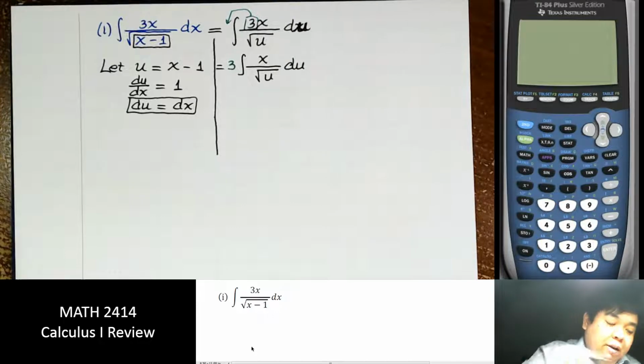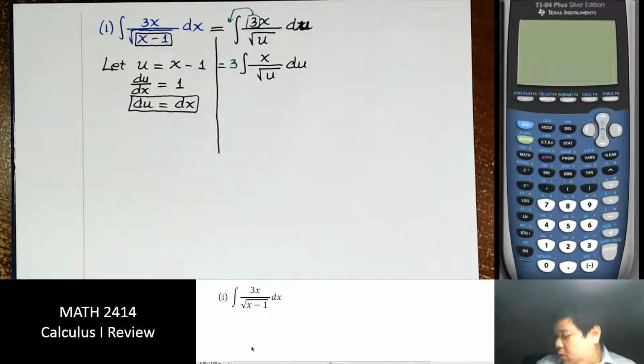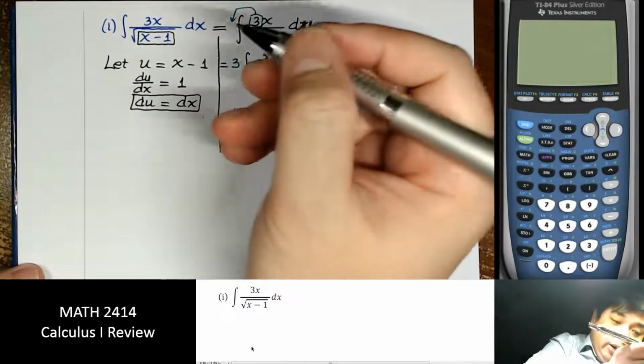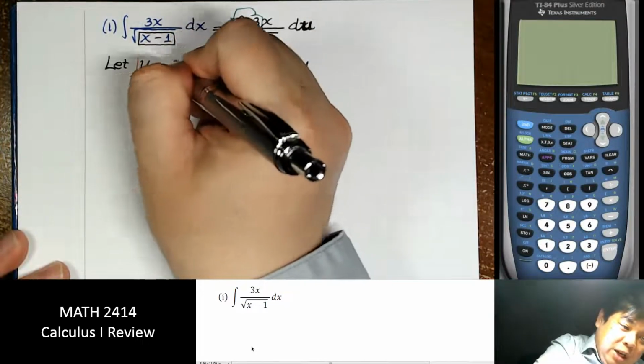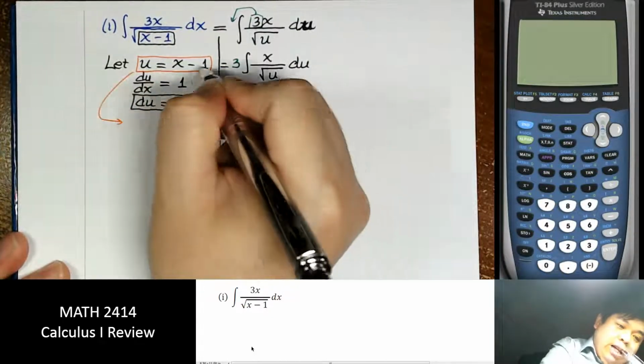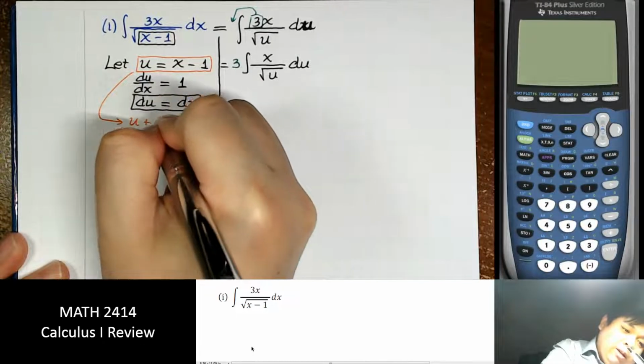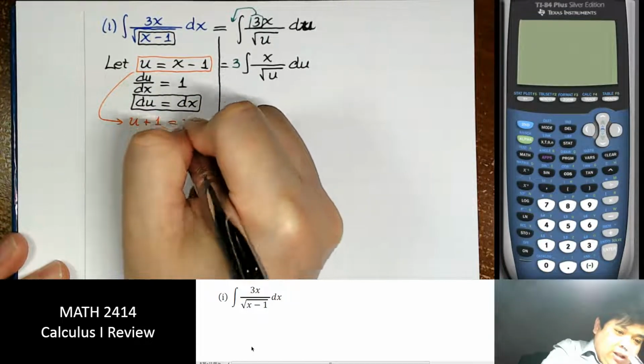Luckily on this one, it's very simple. We have u equal to x minus 1. This will be orange. u is equal to x minus 1. So from here, if we add 1 on both sides, u plus 1 is equal to x.